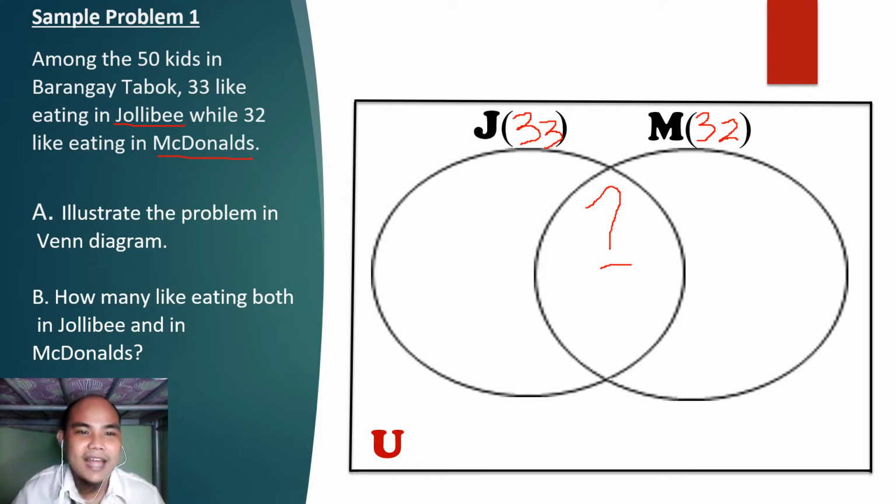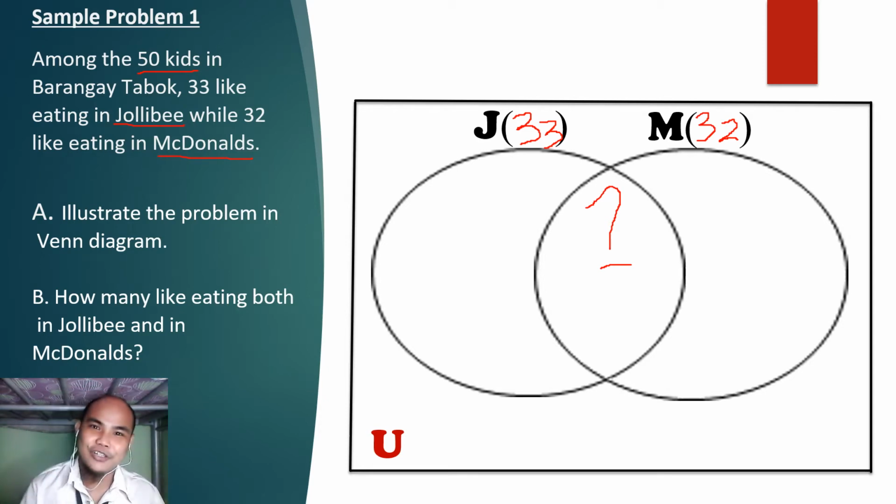Now, to provide that answer, we need to go back to the problem. Among the 50 kids in Barangay Tabok, 33 like eating in Jollibee, while 32 like eating in McDonald's. Take note of this given. There are 50 kids in all in Barangay Tabok. What does 50 kids mean in our problem? Do you have an answer?